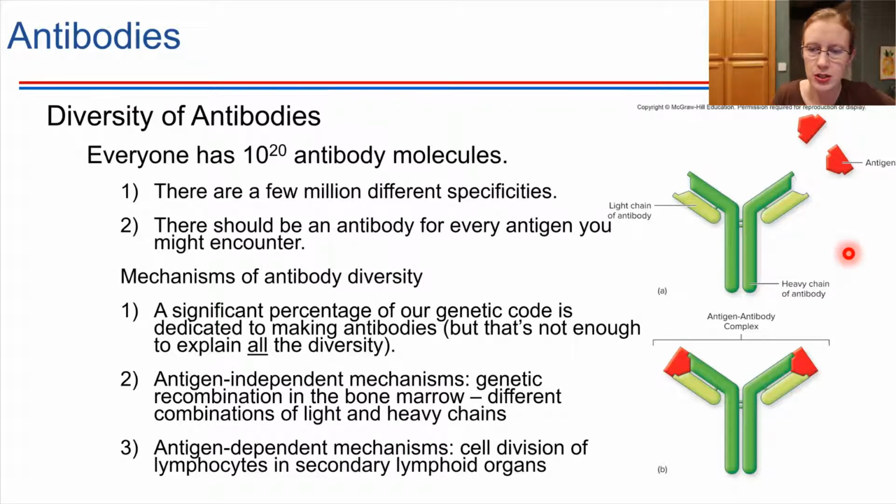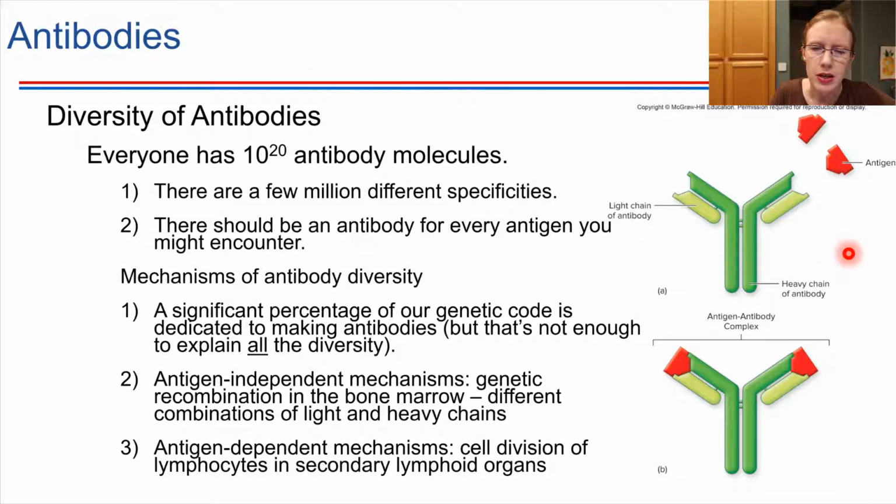One of which is the fact that when B cells are proliferating, they undergo a really high rate of mutation. It's called somatic hypermutation. They're somatic cells, in other words, not germline cells. And when they proliferate, this leads to a huge increase in diversity.